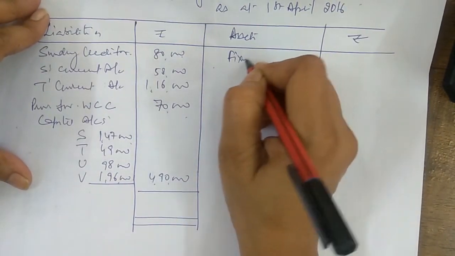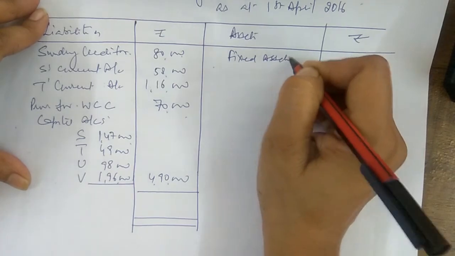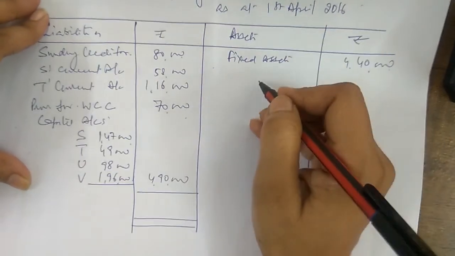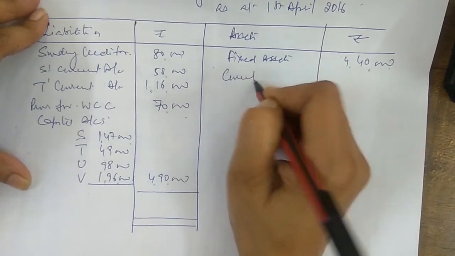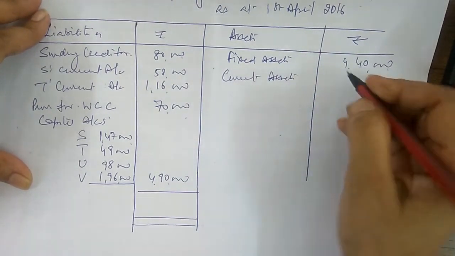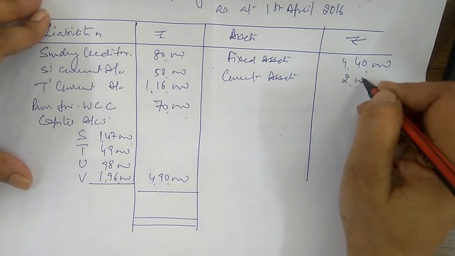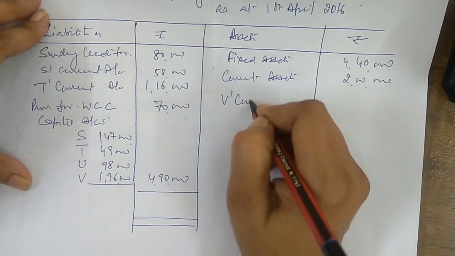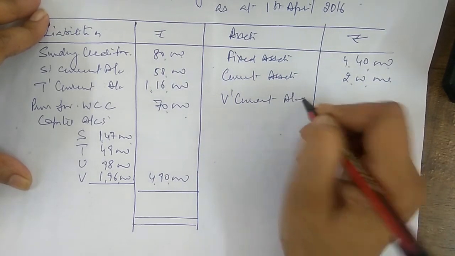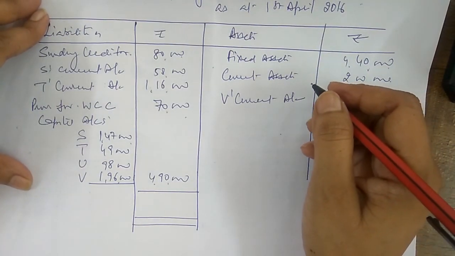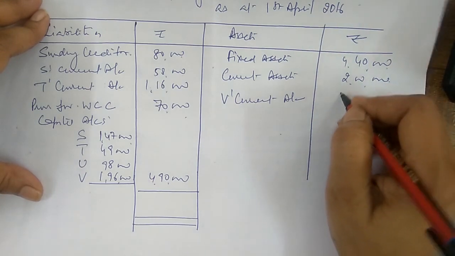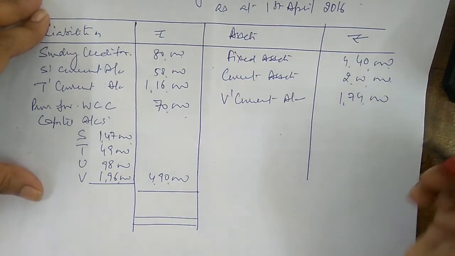There is no change in assets, so fixed assets. It is 4,40,000 given. As such, we will take current assets. It is 2 lakh taken as same. Then we have V's current account. मैंने आपको बताया था कि V का डेबिट बैलेंस है, तो obviously it is to be put on debit side, asset side 1,74,000.